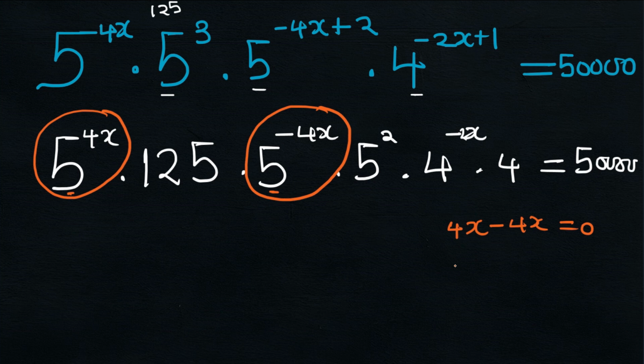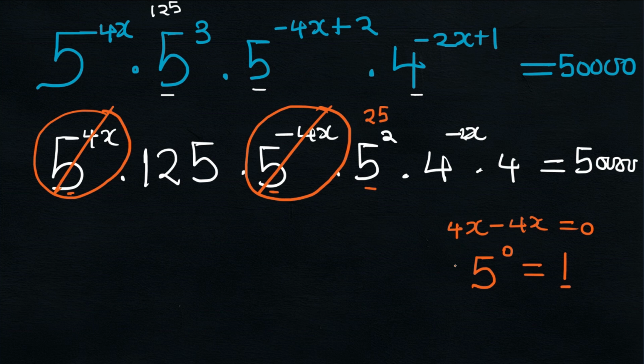So at the end we are going to have the base of 5 with an exponent of 0, and any number to the exponent of 0 is 1. So it is going to be 1 multiplied by this. Basically this is going to cancel with this one. And then we're going to write 5 to the power of 2 as is. So 5 to the power of 2 is going to give us 25. Write 25 here. 4 to the power of 1 is just going to be 4.